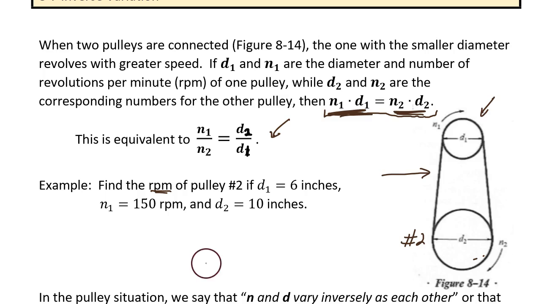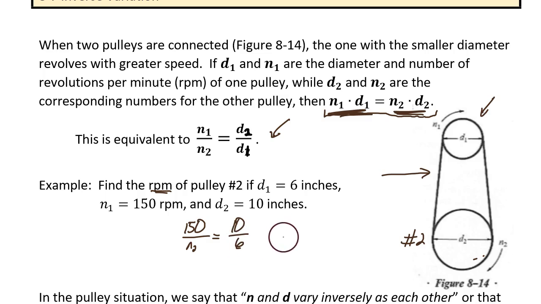It truly does not matter. So N1 is 150. N2 is the thing we're asked for, the number of revolutions on pulley number 2. Then right here, this is D2, that's 10. And down here in the bottom, D1, that's 6.